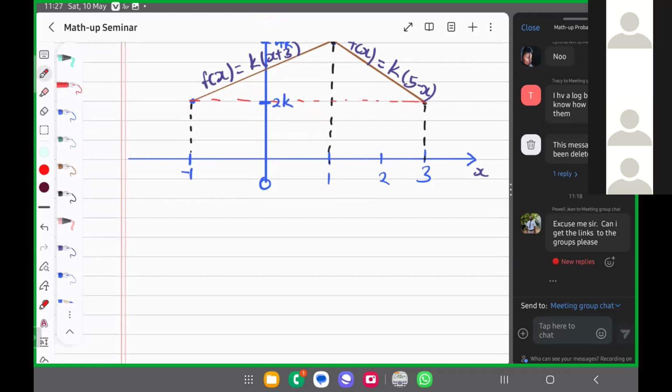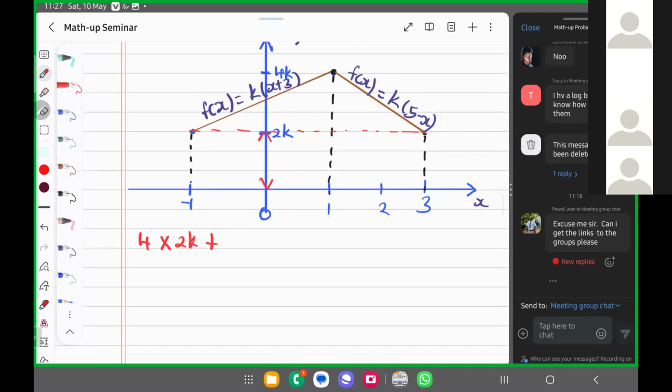So the area of the first shape, which is a rectangle, will be got by length times width. The length is the difference between 3 and -1, which is 4. Then the width is 2k. That distance there, 4 times 2k.